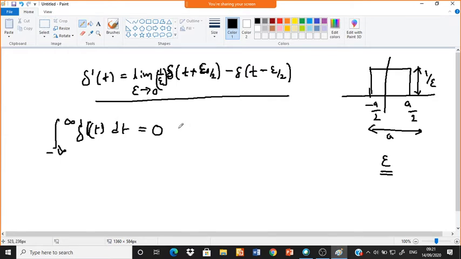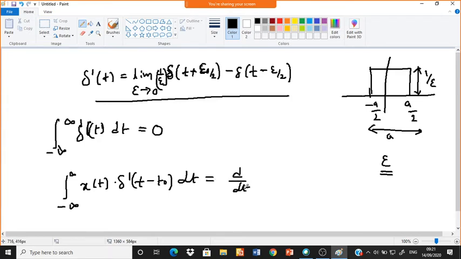Okay. And if you apply it to any signal, integrating from minus infinity to infinity of x of t into del dash of t minus t naught, the shifted impulse derivative, into dt, then we will get the derivative of x of t at t equal to t naught.